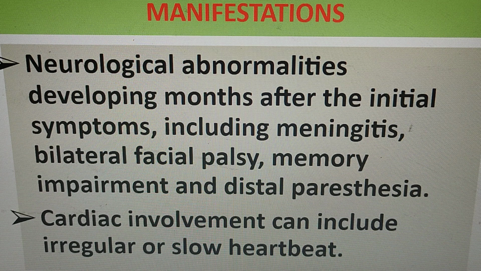So the nerve is affected, and your memory is impaired as well. Cardiac involvement can include irregular or slow heartbeat. So you can have an irregular heartbeat as well, so just be careful.